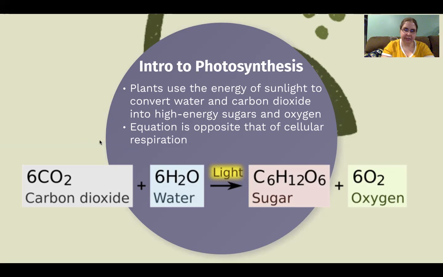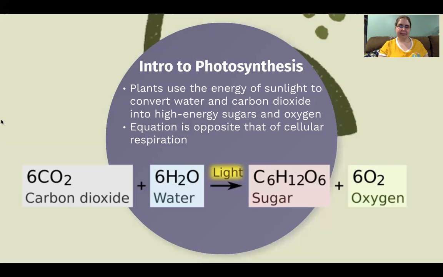So down here, we have the full balanced equation. 6 carbon dioxide, 6 CO2, plus 6 water molecules, 6 H2O, with light energy, because that light energy is the catalyst, will give us C6H12O6, so 1 molecule of glucose, plus 6 O2, 6 oxygen gas molecules.